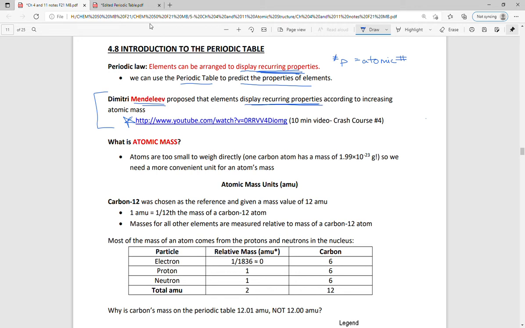He also arranged them according to increasing atomic mass. And this was a mistake that he made maybe, but honestly at the time, I don't know how you could really find fault with it. They are arranged by atomic number, not atomic mass.